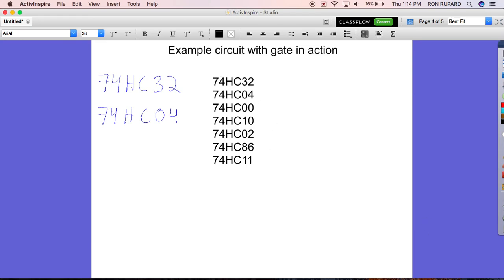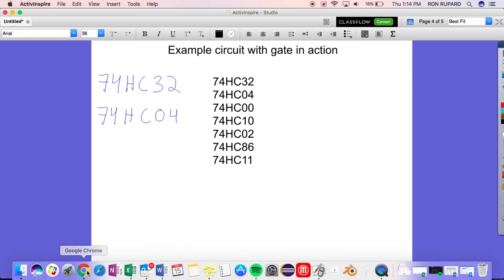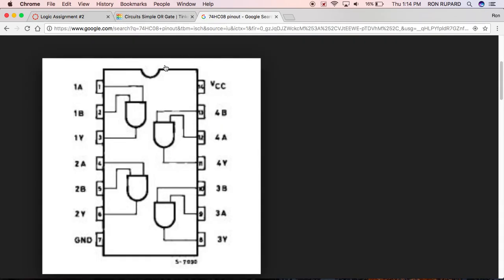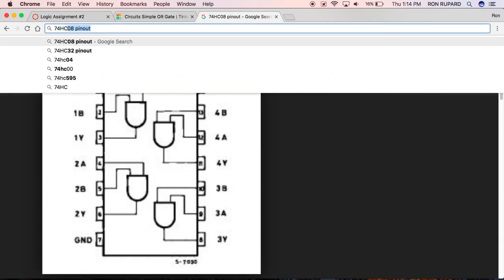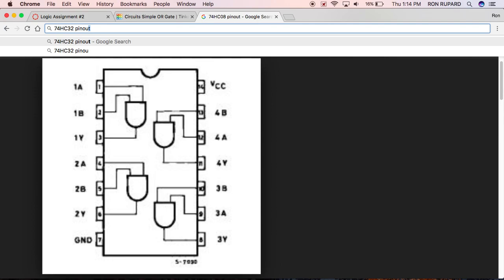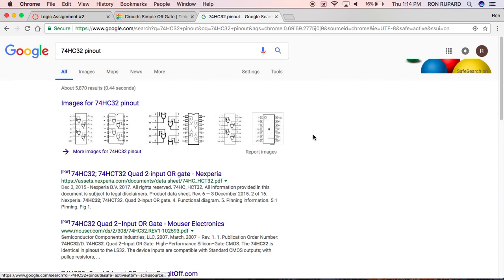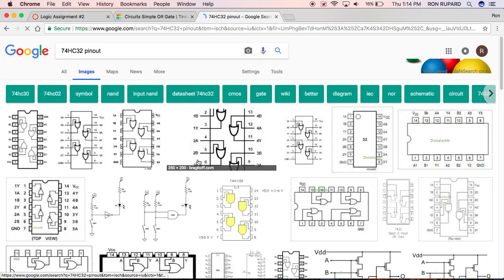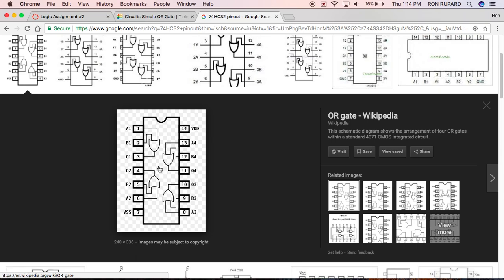All you have to do is Google, so I'm going to show you one more time. Go to Google. I'm going to type in 74HC32 pinout. And right here is the pinout. You can see it's called a quad 2-input OR gate. And here it is. 1A, 1B, Q1.